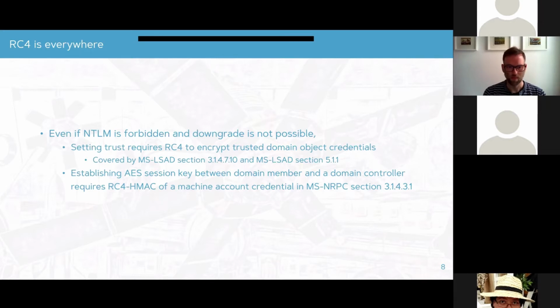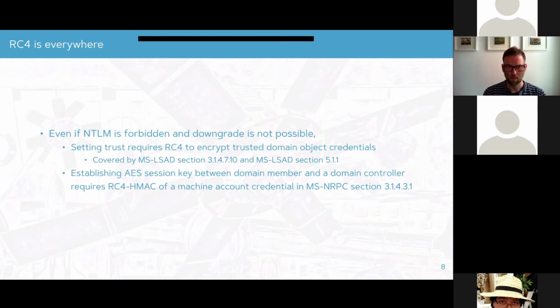Of course, you can require certain things to happen so that there will be a channel using better cryptography, better encryption between the domain controller and domain controller.